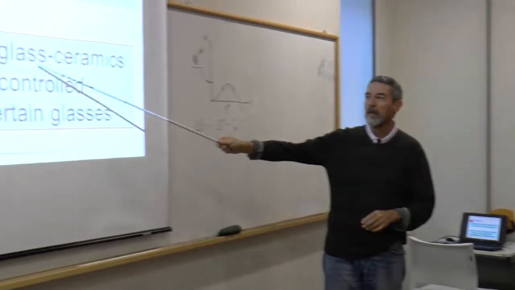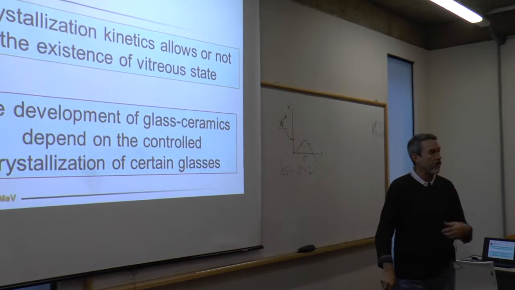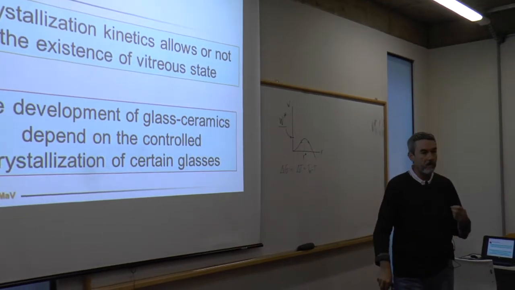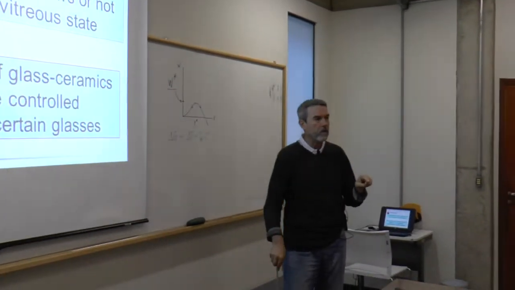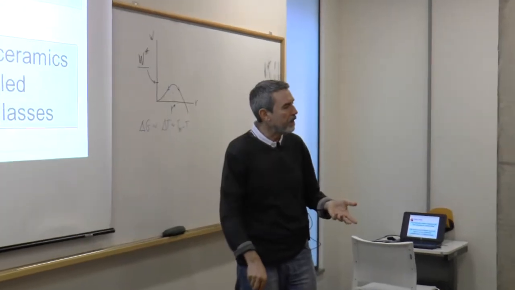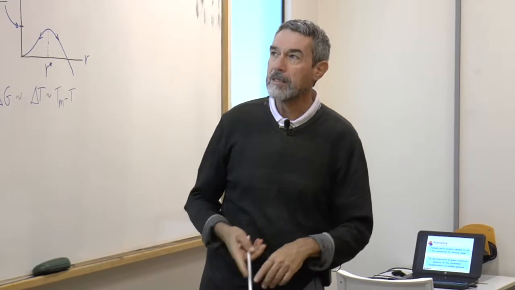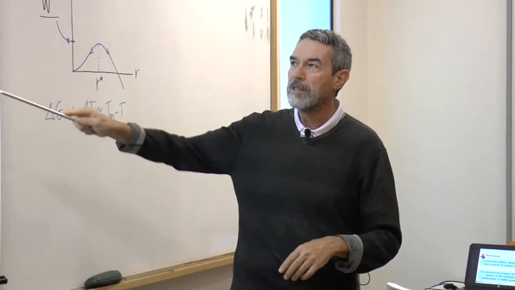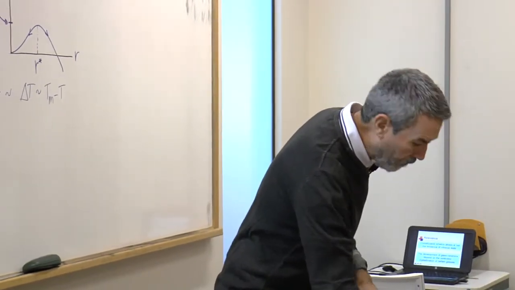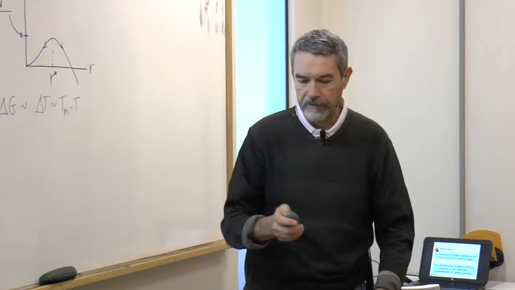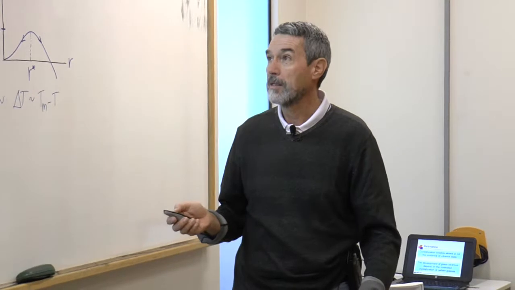And also, if you are interested in developing new glass ceramics or improving the properties or microstructures of existing glass ceramics, it's very, very important to be able to control not only the nucleation kinetics, but also the crystal growth kinetics. So there are at least two main reasons for the importance of studying, understanding and controlling crystal growth kinetics.